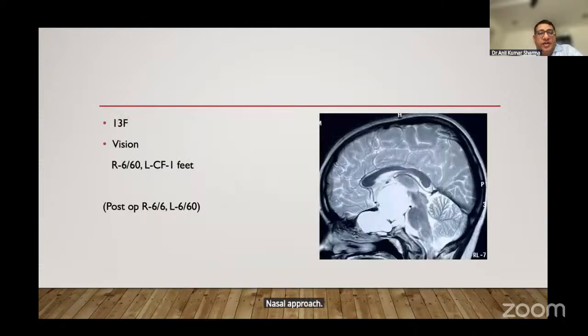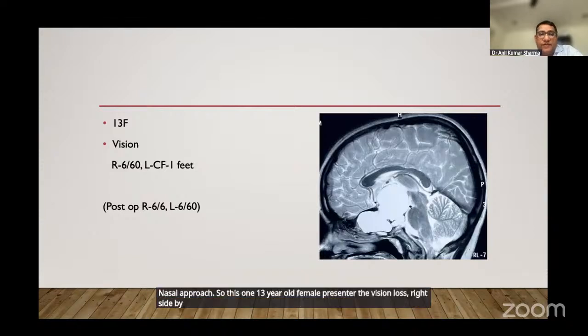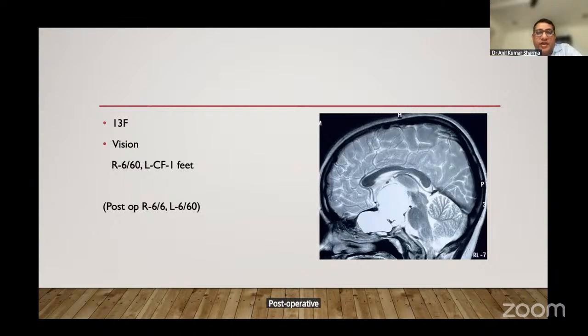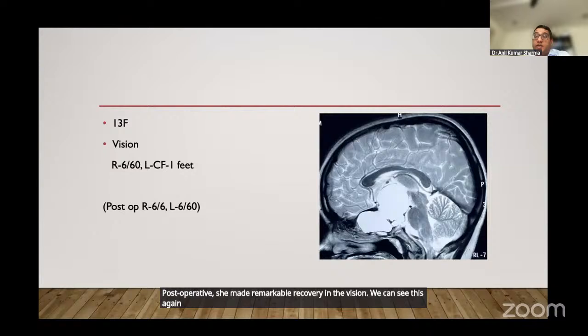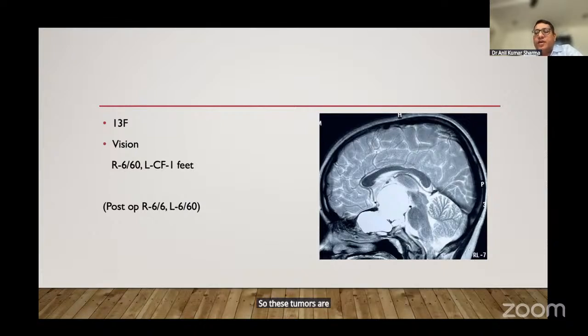So this one is a 13-year-old female who presented with vision loss, right side 6 by 60, left side 1 by feet. Post-operatively, she made a remarkable recovery in the vision. We can see this is again a very rare occurrence because the tumor is extending significantly into the sphenoid. So these tumors are ideal candidates for the endoscopic endonasal approach.